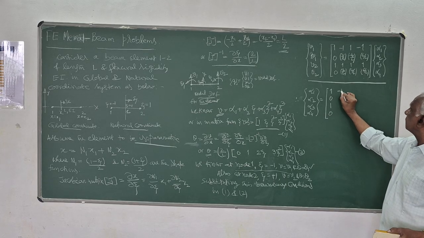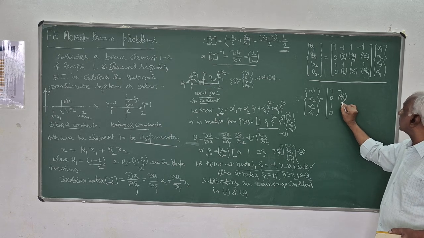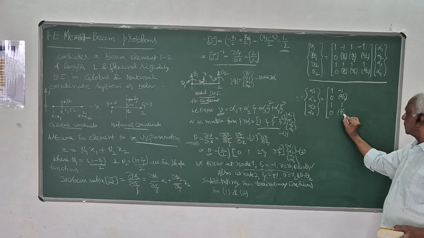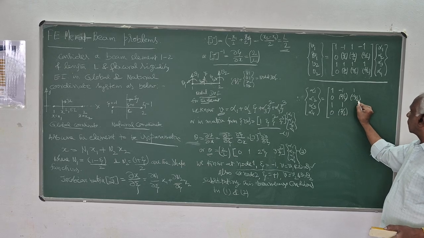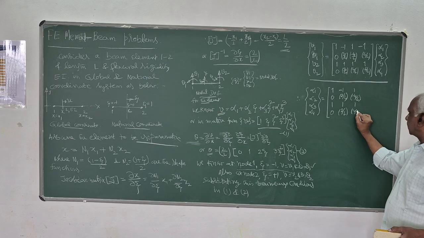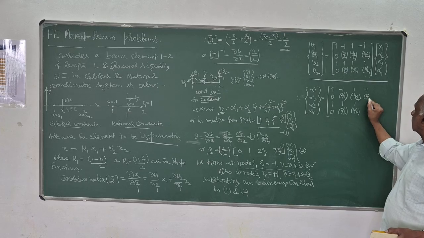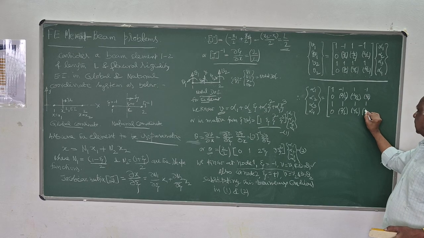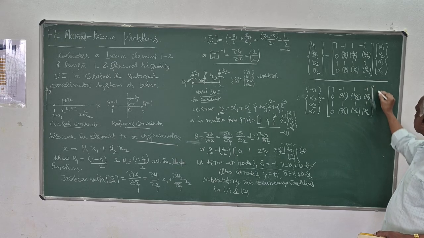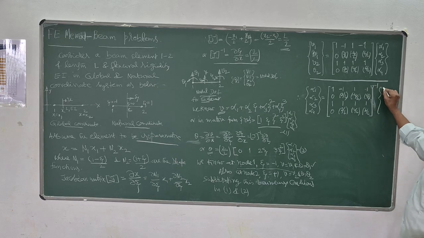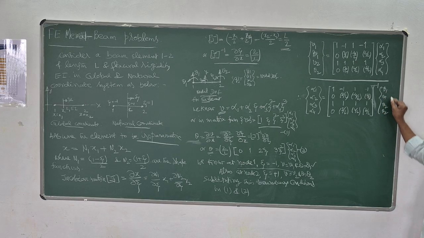Then minus 1, 2 by L, 1, 2 by L. Then 1, minus 4 by L, 1, 4 by L. Then minus 1, 6 by L, 1, 6 by L. Inverse, into u1, v1, theta 1, v2, theta 2.